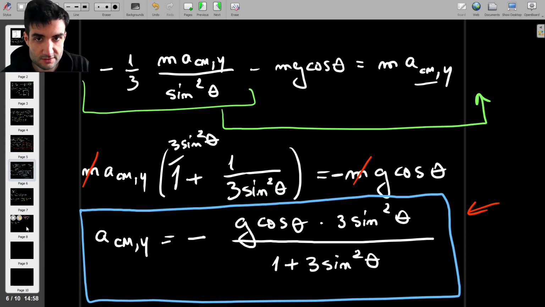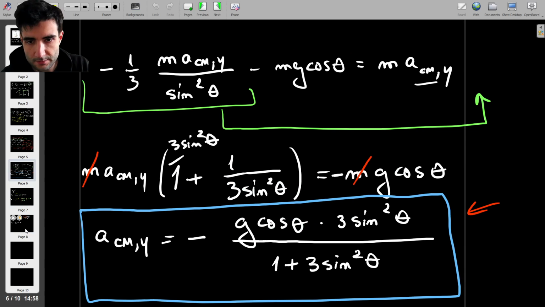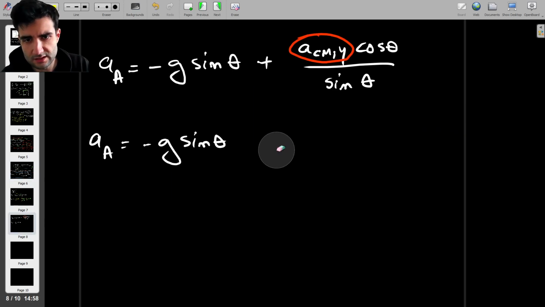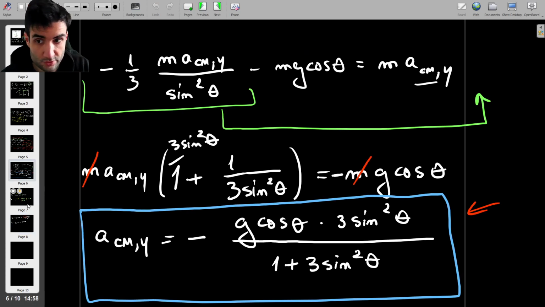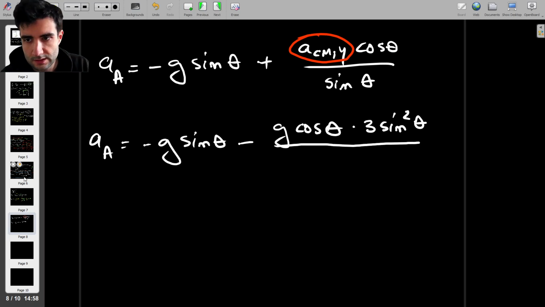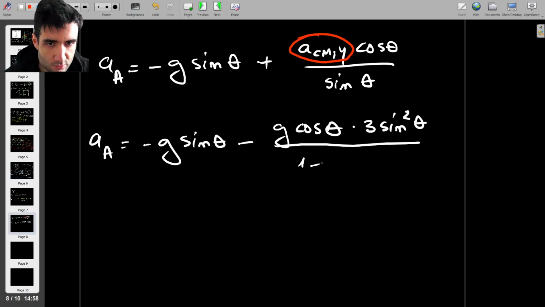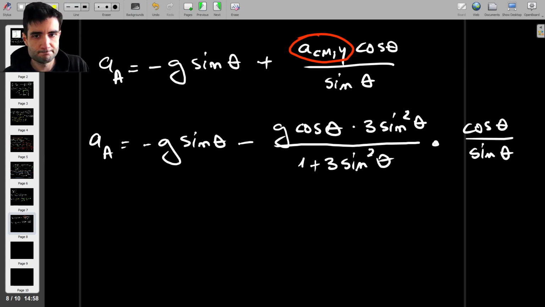So the acceleration of the center of mass in y is going to be equal to minus g cos theta times 3 sine squared of theta over 1 plus 3 sine squared of theta, and then times cosine of theta over sine of theta.